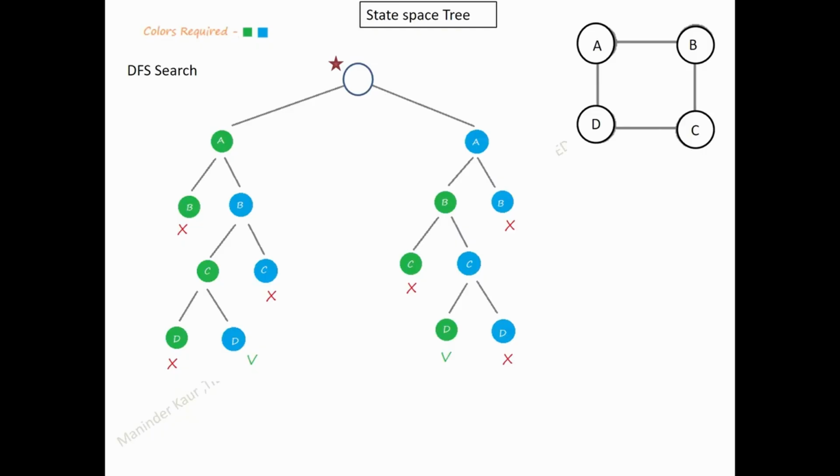Now basically when a state space tree is being used in backtracking, DFS search is being done. Just see the position of the star, how DFS search is being done in backtracking.